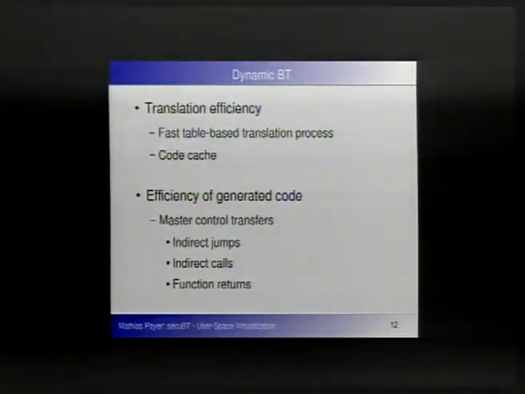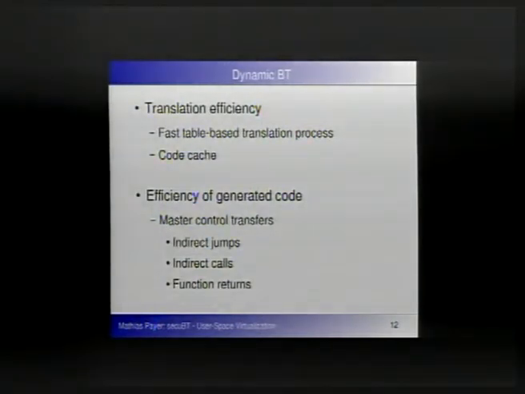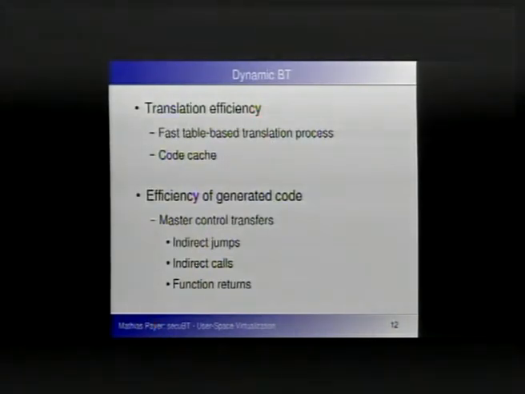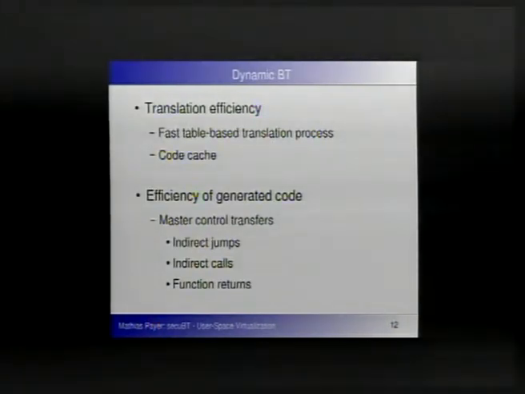For the translation efficiency, we want a fast table-based translation process, so we don't have any IR-based compilation overhead. For IR-based compilation, we also don't know how long the compiler will take, so it's not really bounded, and it can take longer than a table-based approach.